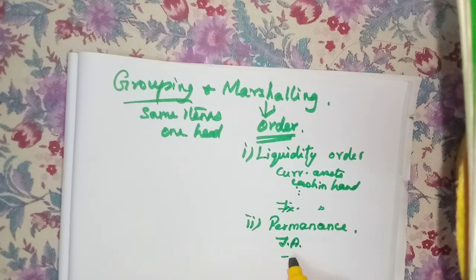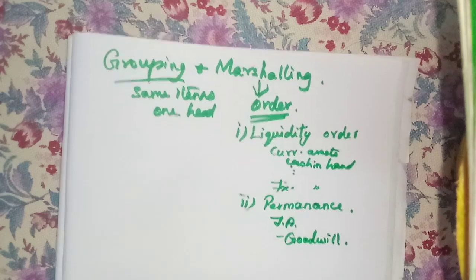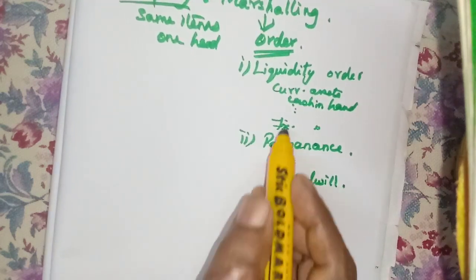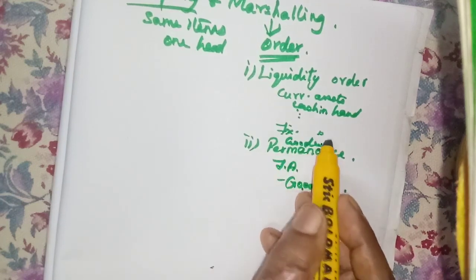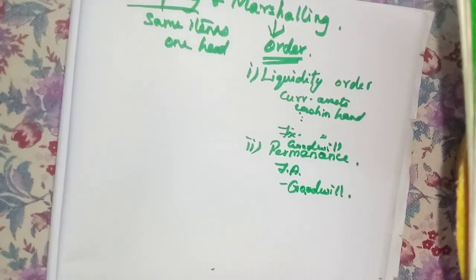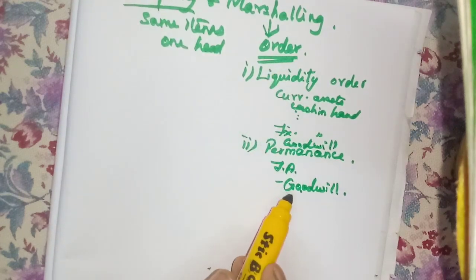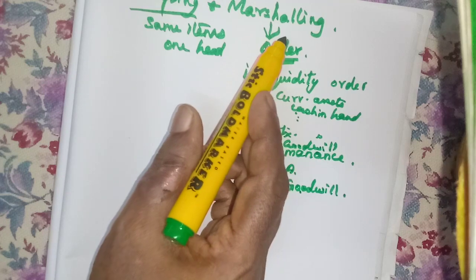In the fixed assets also, the most permanent form is goodwill. We cannot convert that into cash, isn't it? So goodwill will be the first one here in permanence order, and the last one in liquidity order. That is the order of permanence and the order of liquidity. That is marshalling of items in the balance sheet.